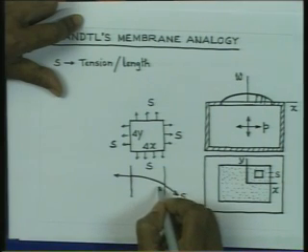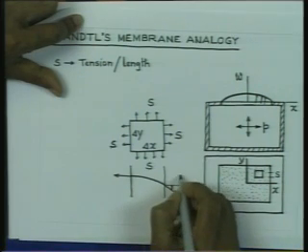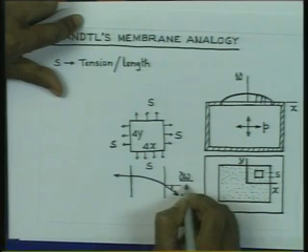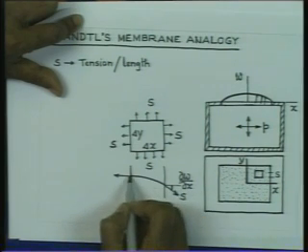Now, let us say that the slope here is delta W by delta x, and as we move to this one, there is a change in slope.